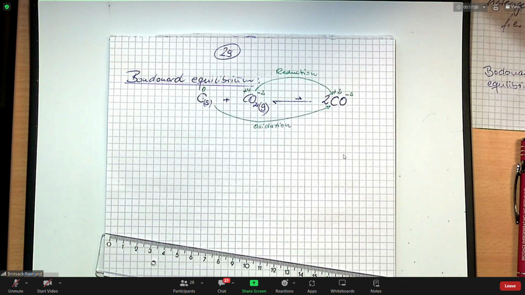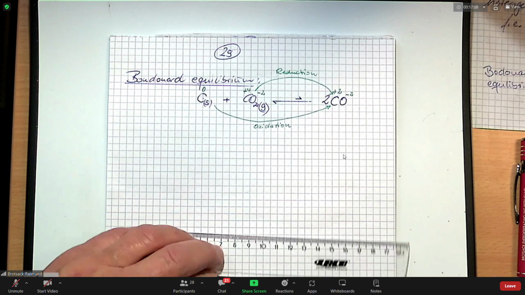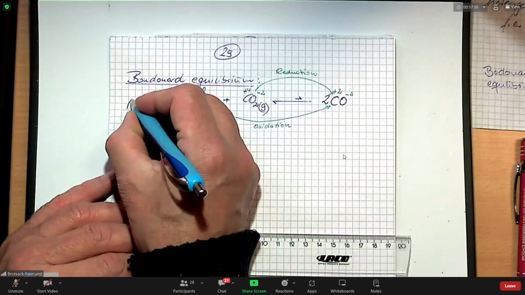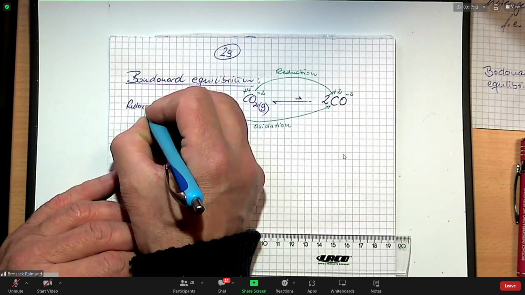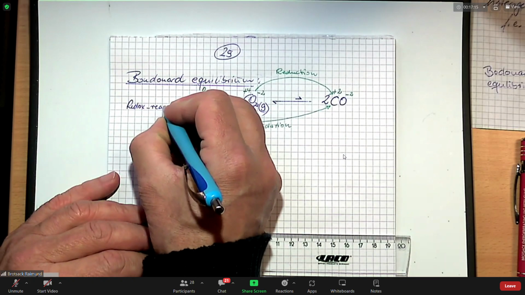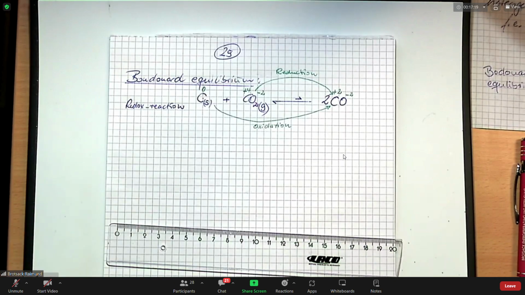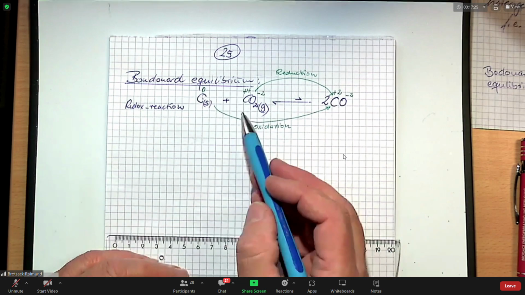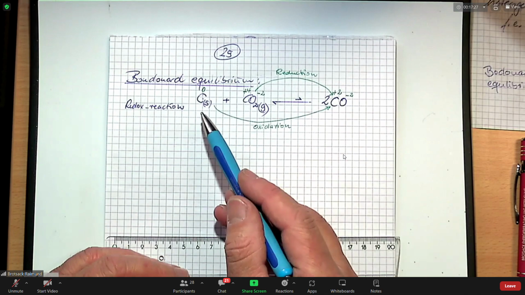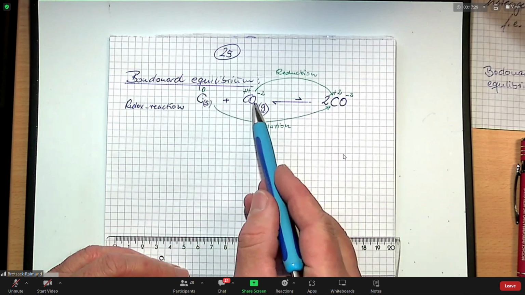One is coming from the pure carbon, the other one comes from the CO2. That is a redox reaction. We'll talk about that later on in more detail, but we need it already now. And here it's a heterogeneous equilibrium: solid, gas, gas.